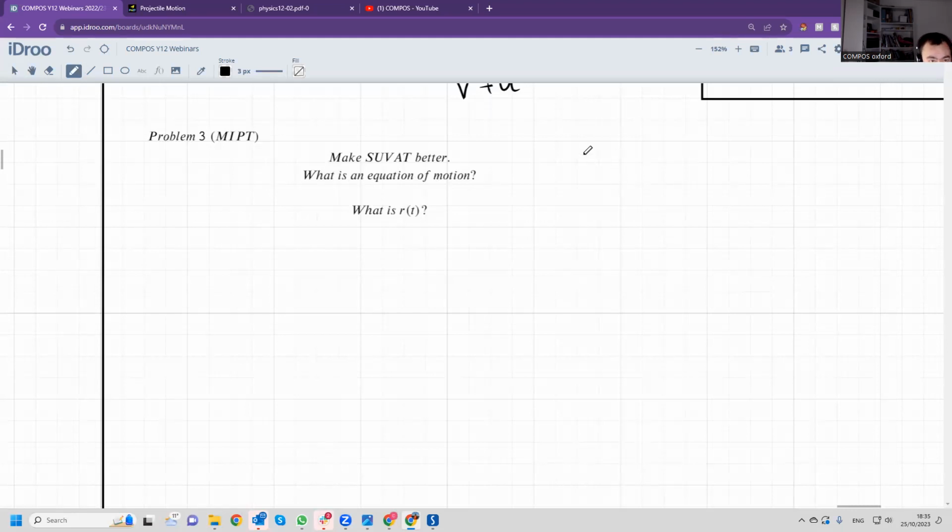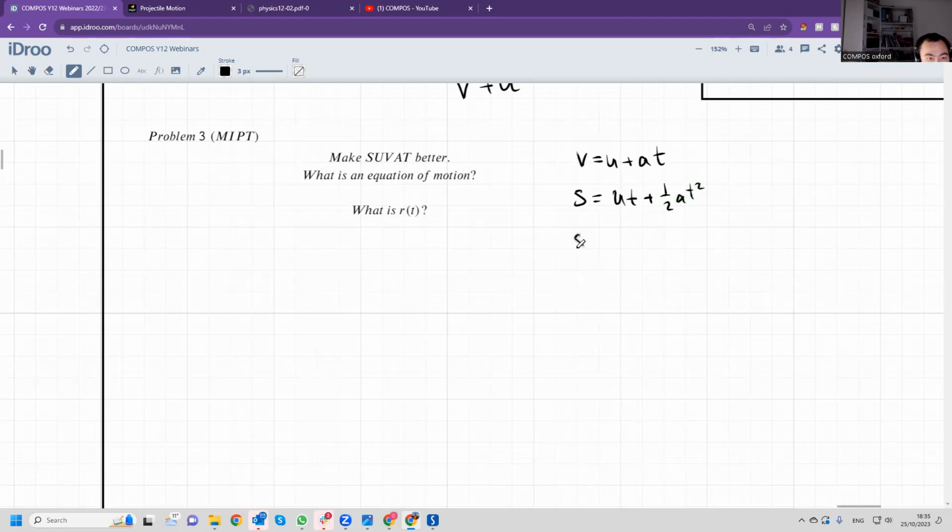So you know your SUVAT, so you have v equals u plus at. We have s equals ut plus 1/2 at squared.